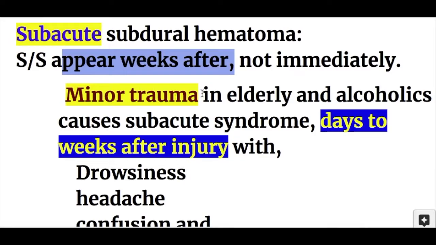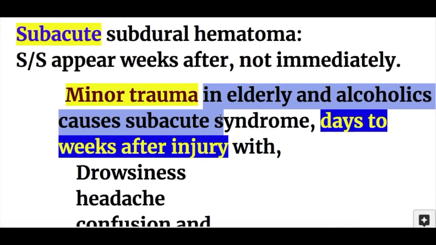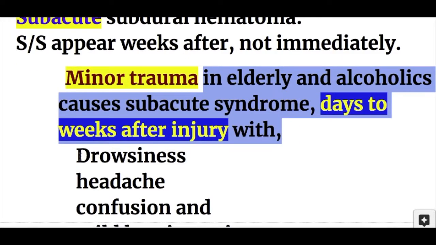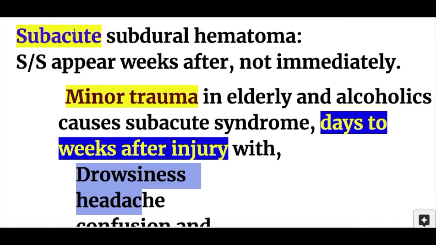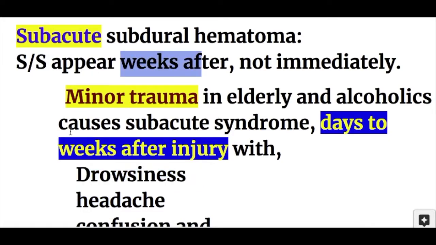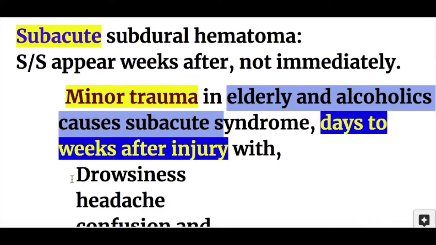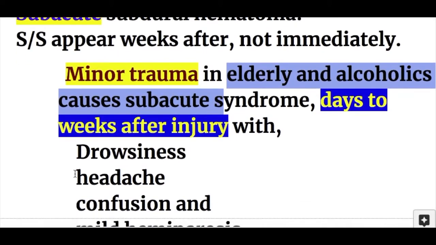Minor trauma in elderly and alcoholics also causes subacute syndrome days to weeks after the injury, with drowsiness, headache, confusion, and mild hemiparesis. So the small one is symptomless and needs no treatment, and subacute subdural hematoma also occurs weeks after the injury and also occurs with minor injury in elderly and alcoholics and causes drowsiness, headache, confusion, and mild hemiparesis.